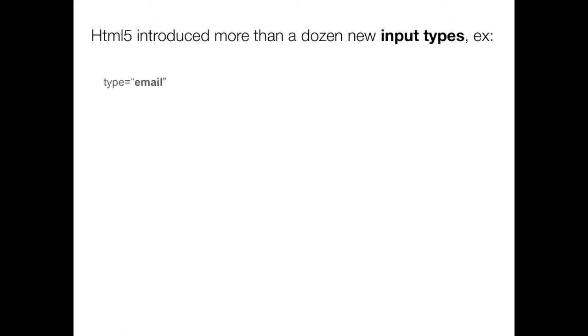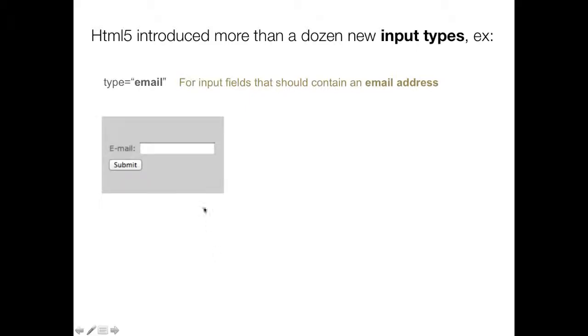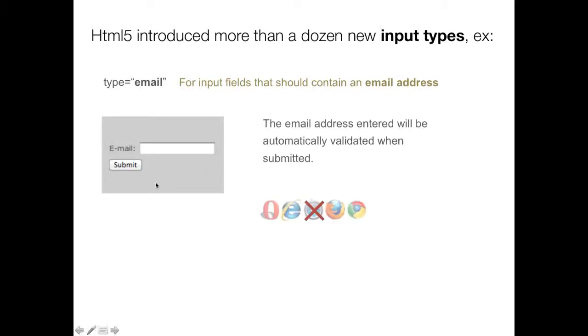Another example of a new input type by HTML5 is type email. For input fields that should contain an email address, the browser gives us an email text field. The email address entered will be automatically validated when submitted. It works on all browsers except for Safari.